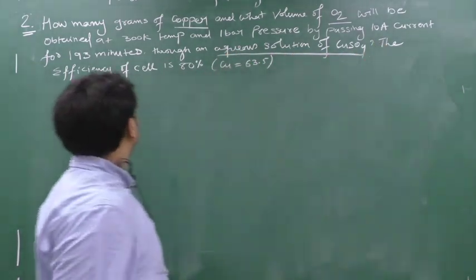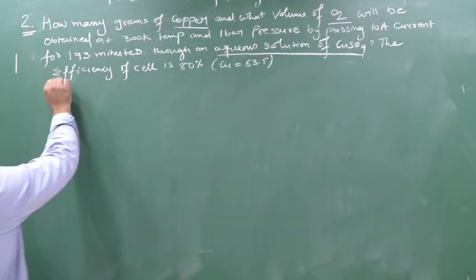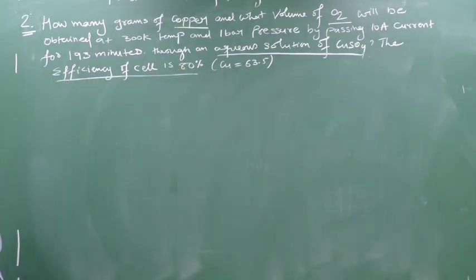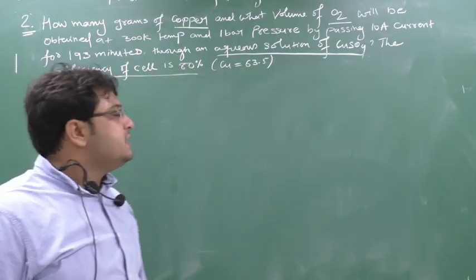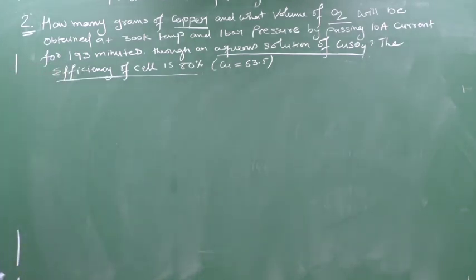Efficiency of the cell is also given. Feeling difficulty? It is a very easy problem. Just write down the question, then we'll solve. I hope you have written the question.